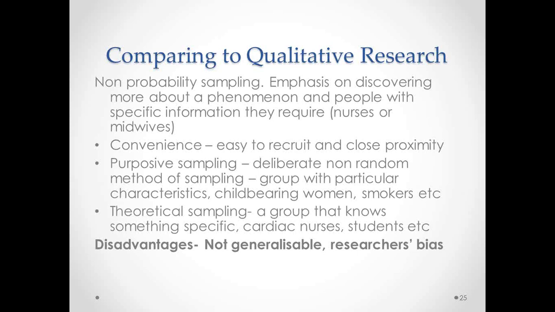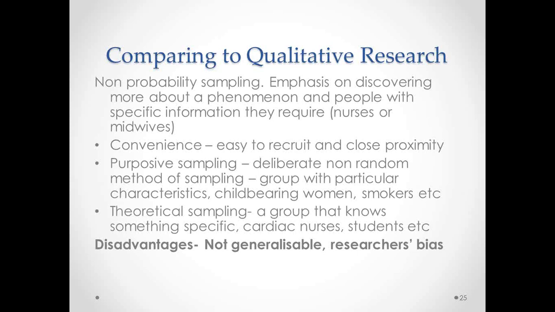You might use purposive sampling, so deliberately non-random selection of people because of what they know and who they are and a specific characteristic that you might be looking for, or theoretical sampling when you're looking for a group of people because they know something specific about whatever it is that you are trying to find out.